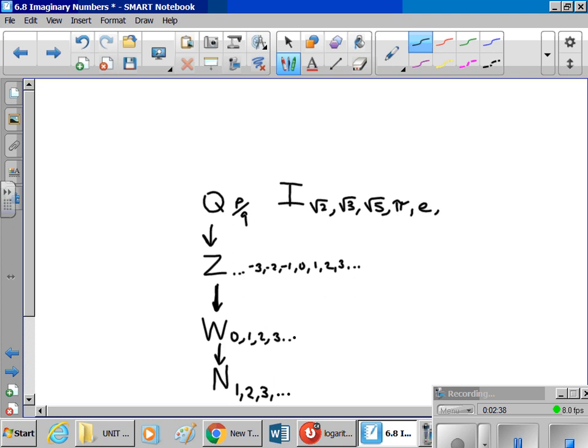These are all irrational numbers. Together, the two of these create the real number system. And the real number system is basically every number that can be represented on the number line, rational and irrational alike.